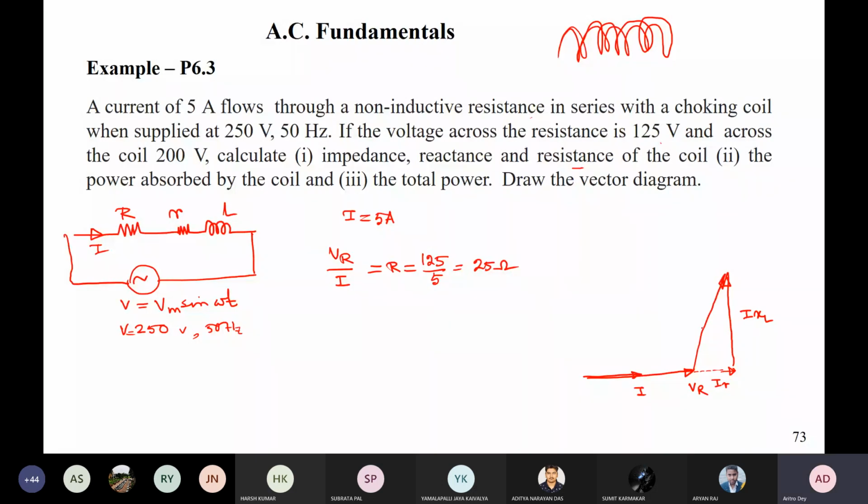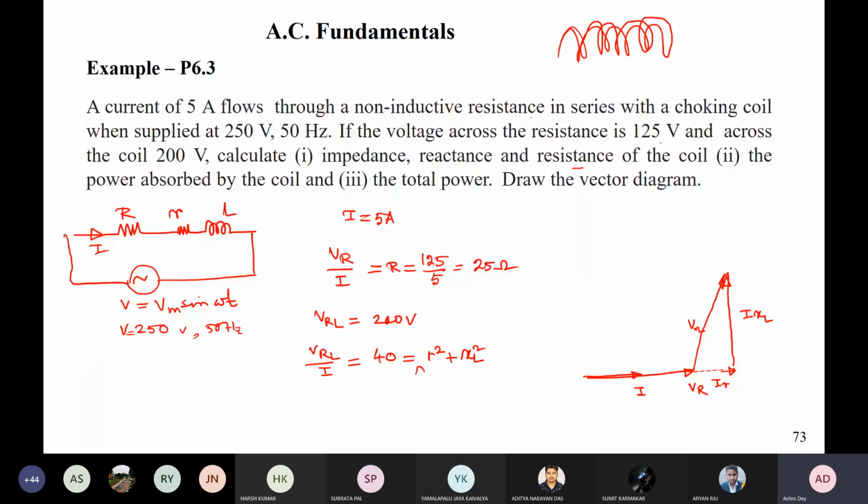We should write it as VRL, which is given, equal to 200 volt. So VRL by I will give you the impedance, which is actually square root of small r square plus XL square.